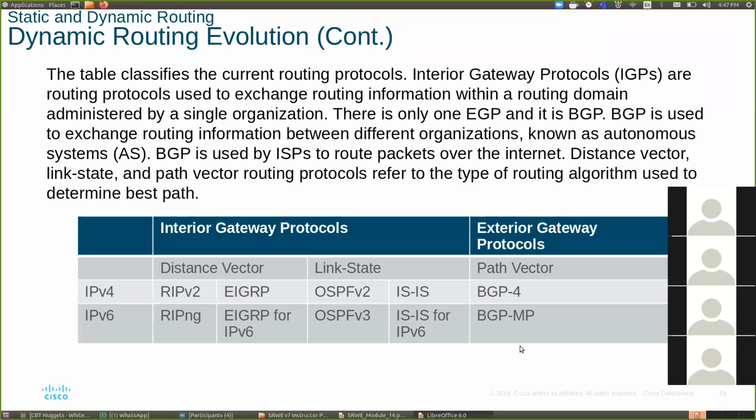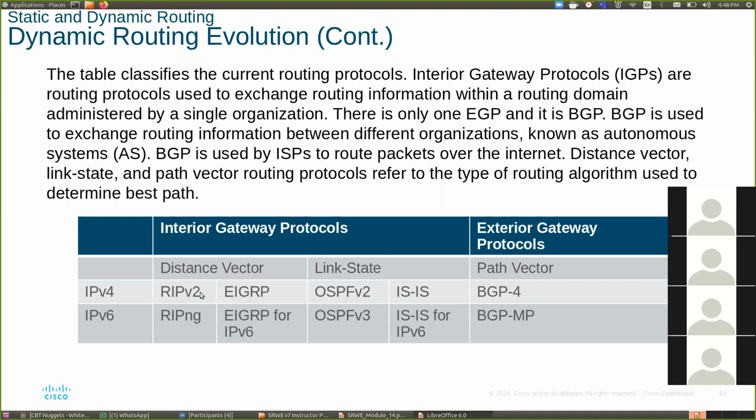These dynamic routing protocols are in 2 main categories. The first one is called interior gateway protocol, and the second one is exterior gateway protocol. Under interior gateway protocol, you have 2 subcategories: distance vector and link state. Distance vector includes RIP version 1, Routing Information Protocol version 2.